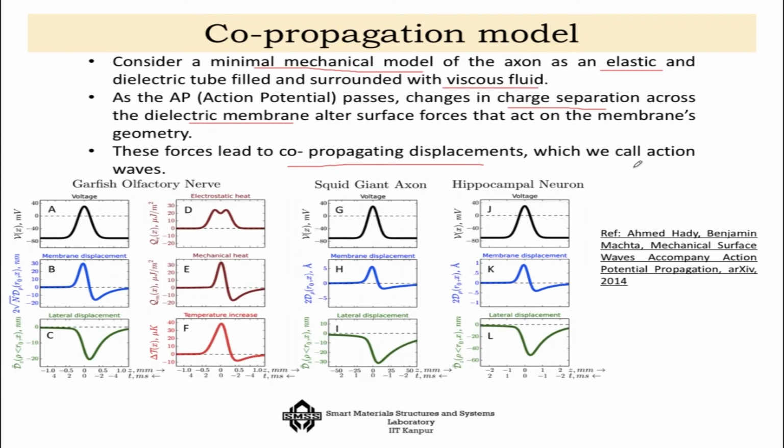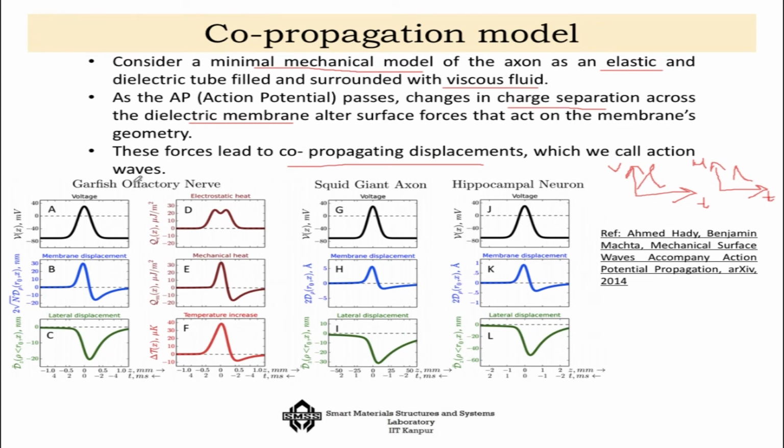So this theory is telling that, with respect to time, there will be a voltage change, that will be a voltage pulse. So there will be a voltage pulse, and also with respect to time, as well as with respect to the direction of propagation, there will be something like a displacement change. So that also will be happening, and both of them will be co-propagating.